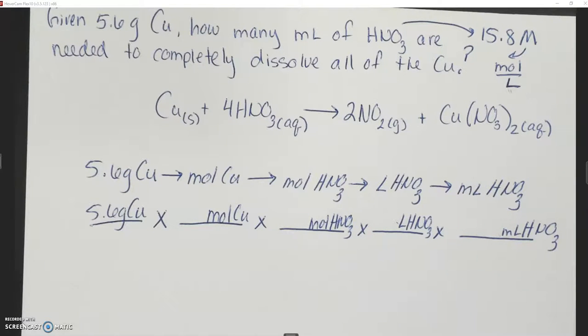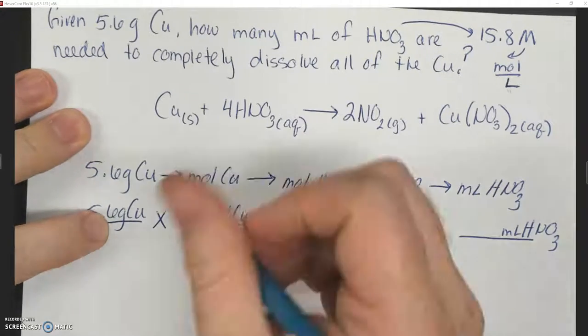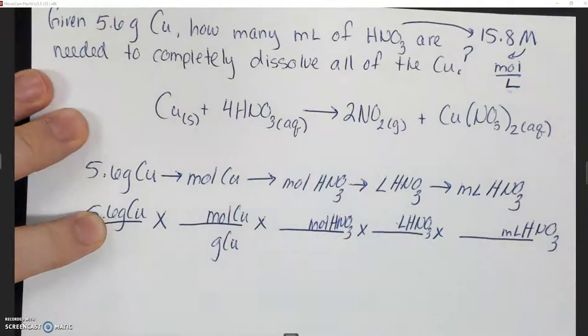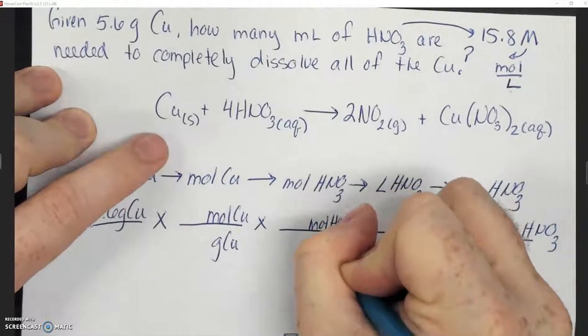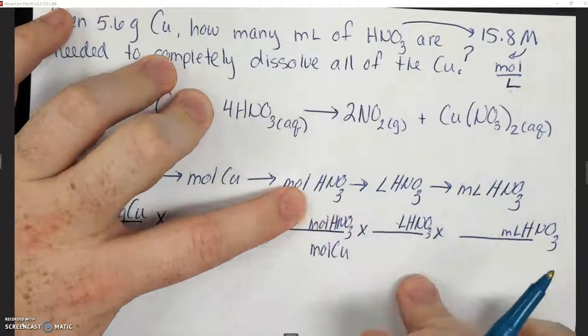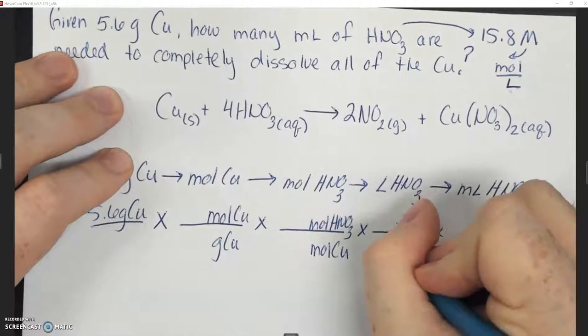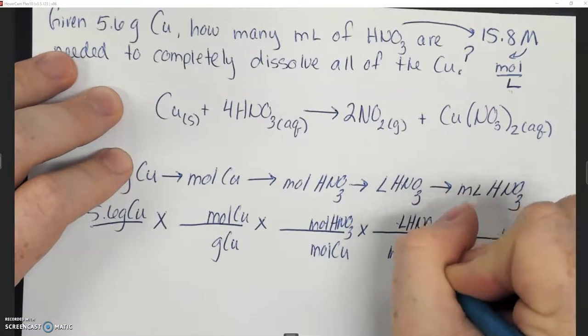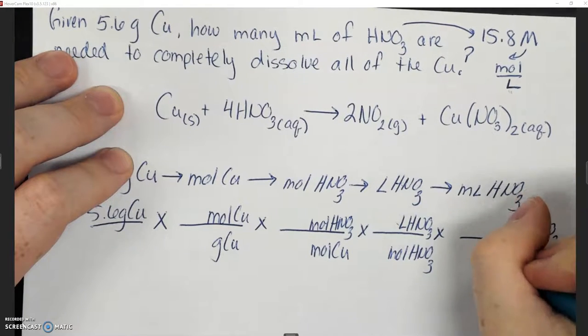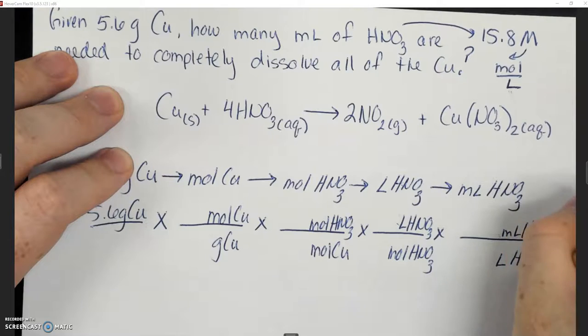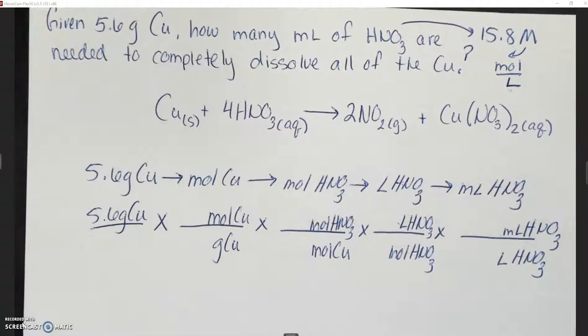And then now we will deal with what needs to cross-cancel. Well, the grams of Cu need to cross-cancel, so grams of Cu need to be down there. Moles of Cu need to cross-cancel, so those need to be down there. Moles of HNO3 need to cancel, so those need to be down there. Liters of HNO3 need to cancel, so those need to be down here.